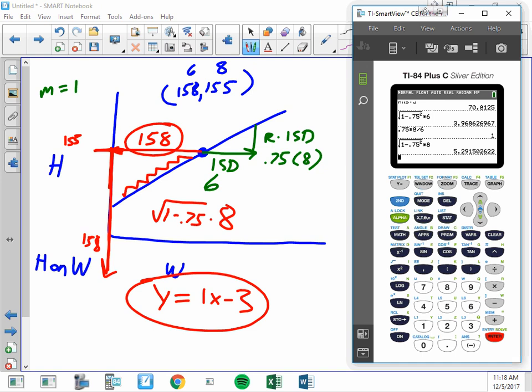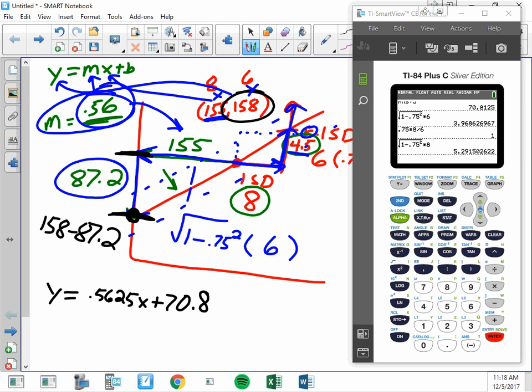It's the equation for 17. Yep, so the answer is 0.56 times 195 plus 70.8. So the answer is 180.